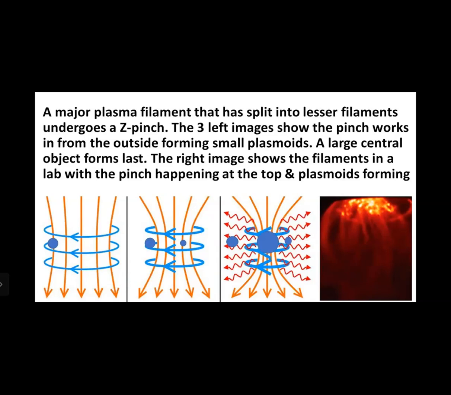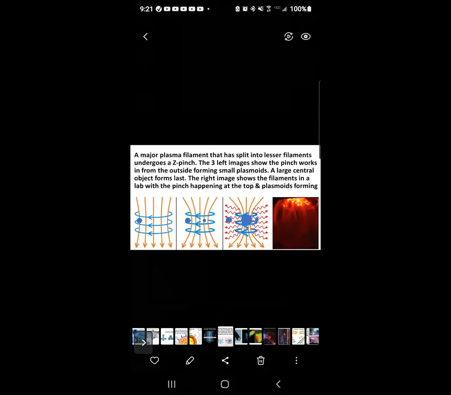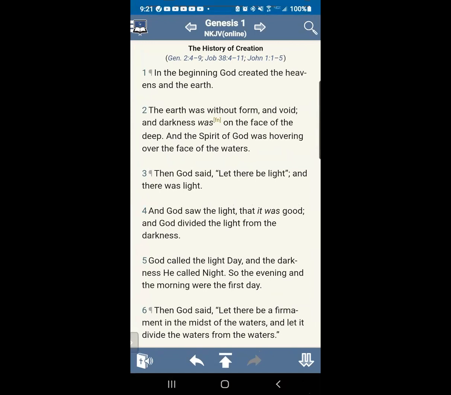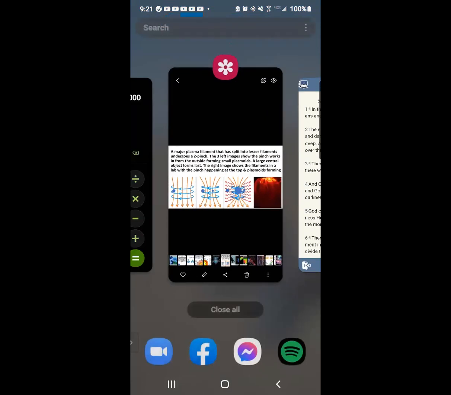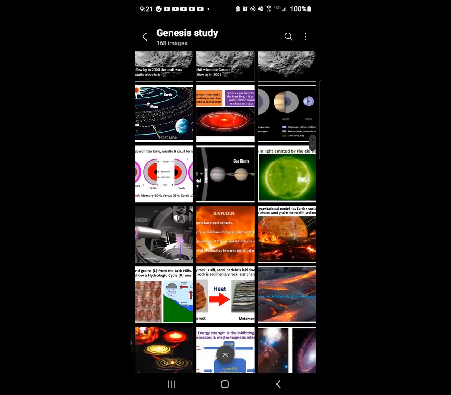Not something to be ejected by the sun, as many people believed, or something to be captured by the sun, but the Earth could actually have existed before the sun Bennett pinched on itself and became a plasmoid. So we see that plasma physics gives an answer for why it is that the heavens and the earth were created before light was emitted from the sun. So plasma physics accurately answers that question.